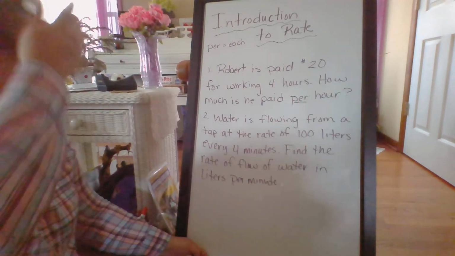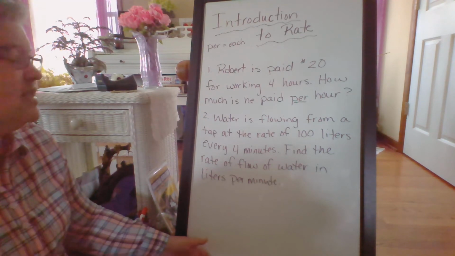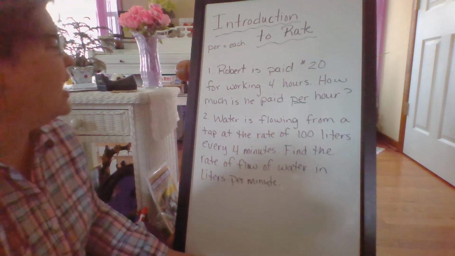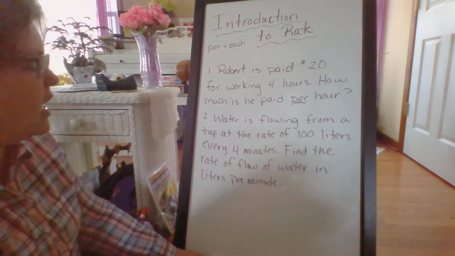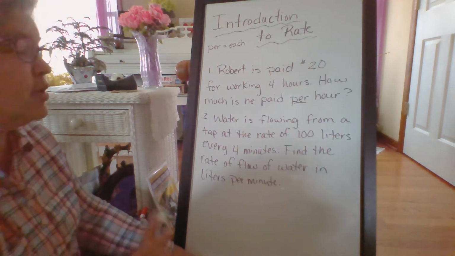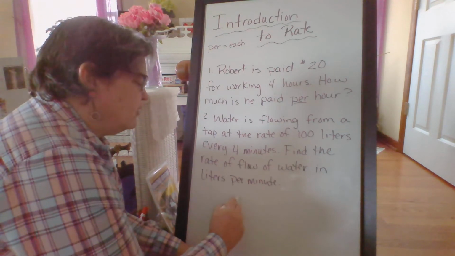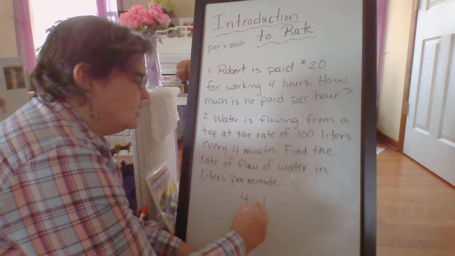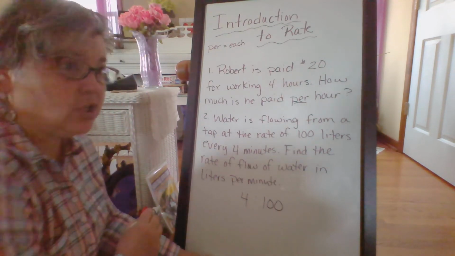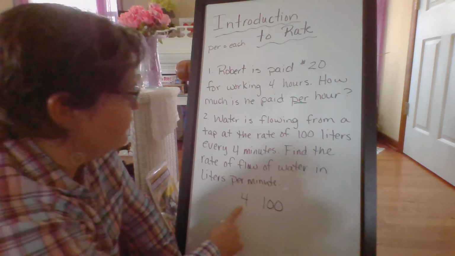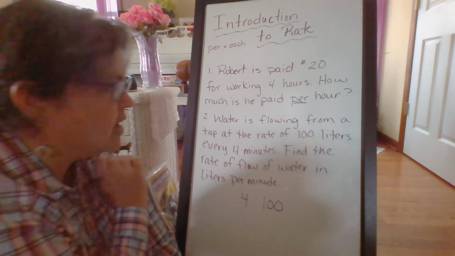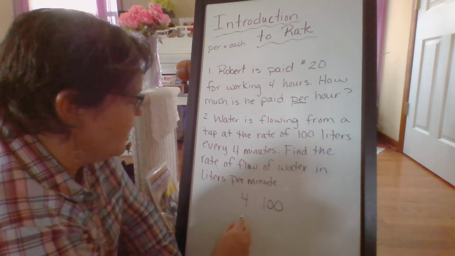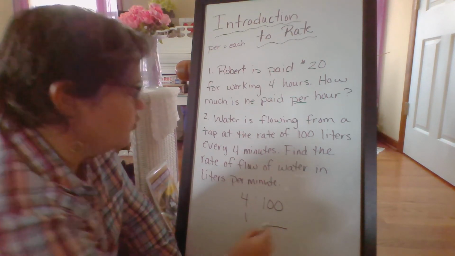Here we go. So water is flowing from a tap or a spigot at the rate of 100 liters every 4 minutes. So find the rate of flow of water in liters per minute. So in 4 minutes, once again, I'm doing a ratio, if 100 liters can come out of that spigot in 4 minutes, how many can come out in 1 minute?